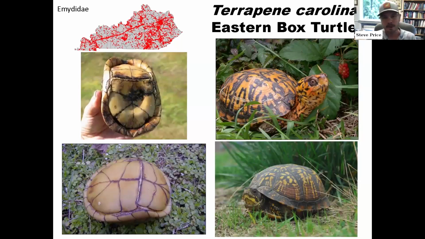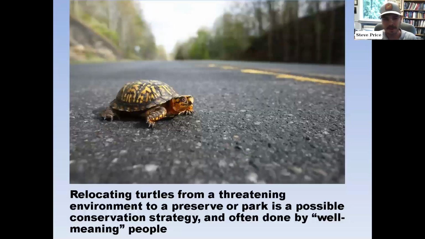Now, I want to bring up one important aspect of turtles in general. People do see them crossing the road, okay? And oftentimes these turtles are picked up off the road and moved to what is perceived to be a less threatening environment, like a preserve or a park. It's usually done by really well-meaning people.